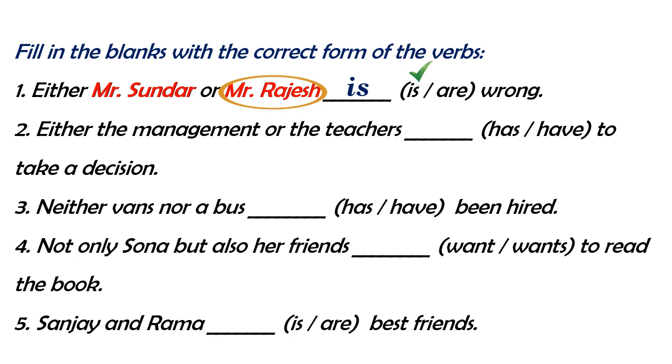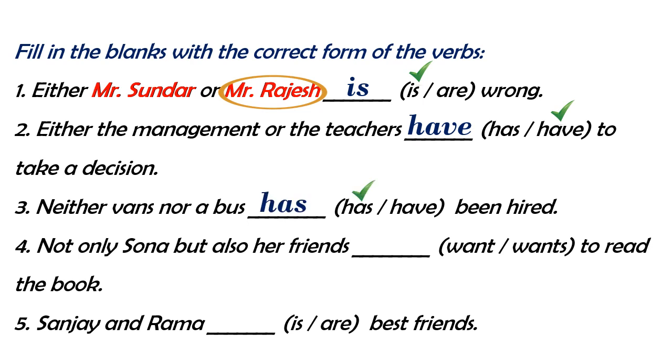Number 2. Either the management or the teachers dash to take a decision. The answer is plural verb have because the subject closest to it, the teachers, is plural. Either the management or the teachers have to take a decision. Number 3. Neither vans nor a bus has been hired.